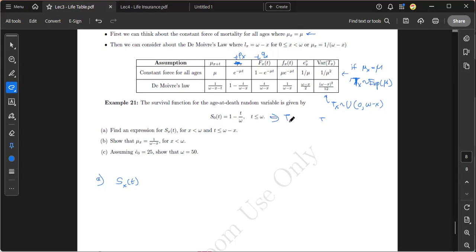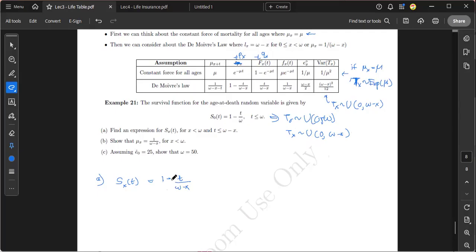This fact shows that T naught follows a uniform distribution between 0 and omega because x is 0. And eventually, Tx follows a uniform distribution between 0 and omega minus x. So by comparing that, we can directly say the survival probability is this.